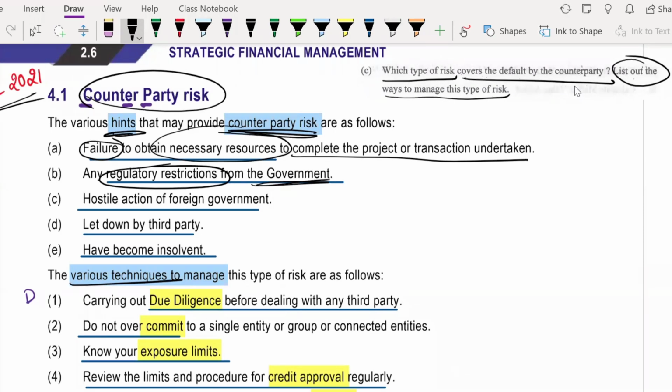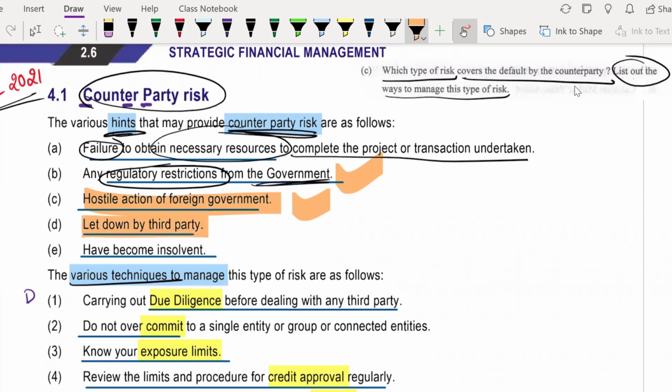So that is a regulatory restriction from the government. Next is hostile action of a foreign government. The host country can put a restriction, and hostile action of a foreign government means that the foreign government can take an action which can again affect your counterparty in some way. Okay, so these are both government related.